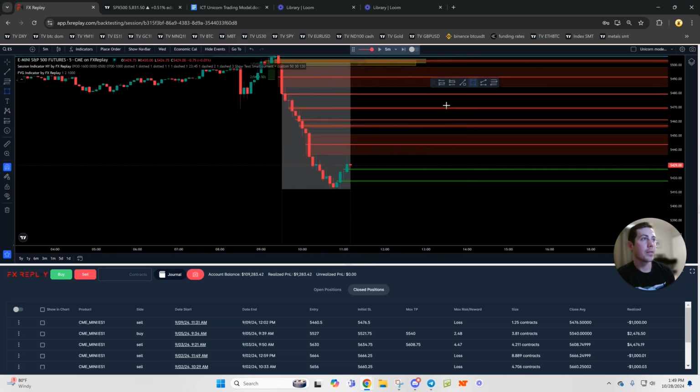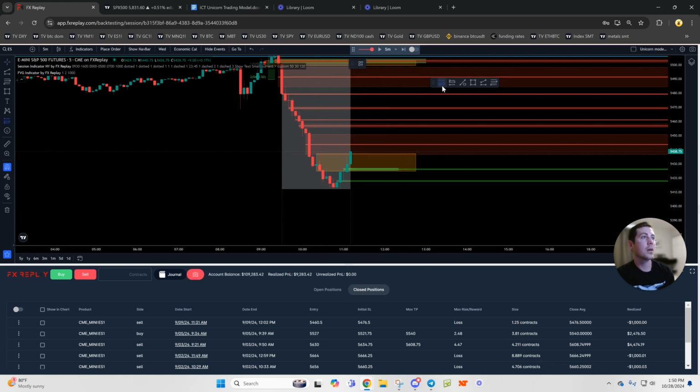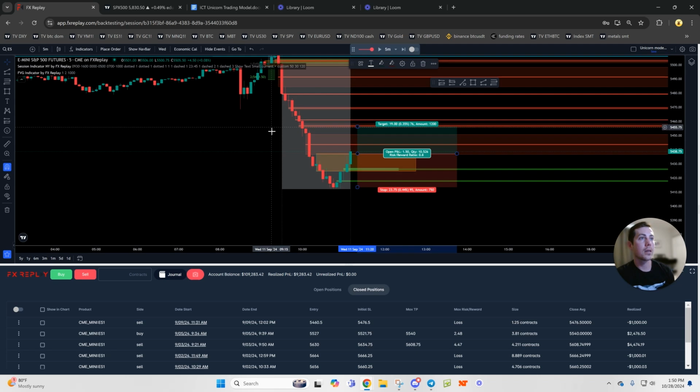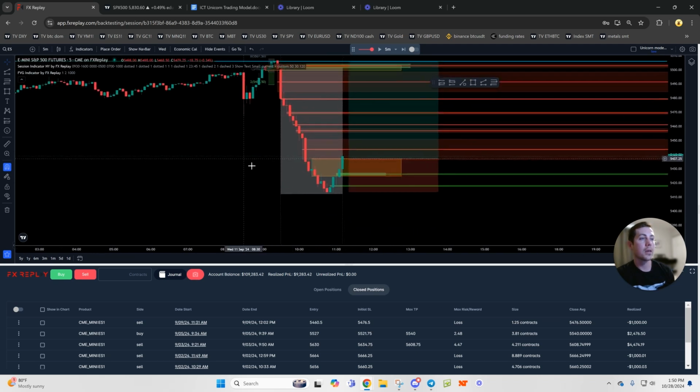All right, so we have our breaker here, this last green candle before the shift, and then we have an overlapping fair value gap right here. Since we've gotten a closure above this previous high, that's our market structure shift. I'll enter on the retest, stop at the body of the manipulation leg, and we'll target our draw on liquidity up here.